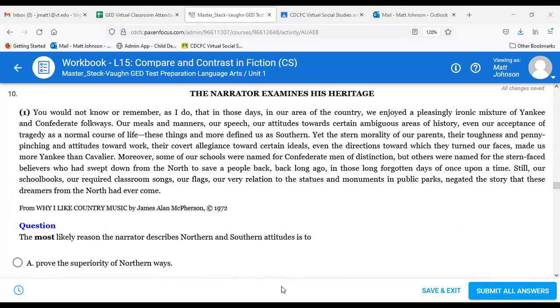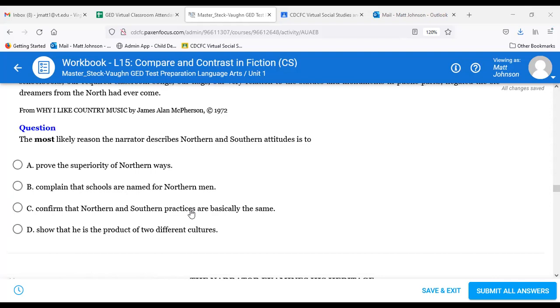Number 10. It says the most likely reason the narrator describes northern and southern attitudes is to: A, prove the superiority of northern ways.